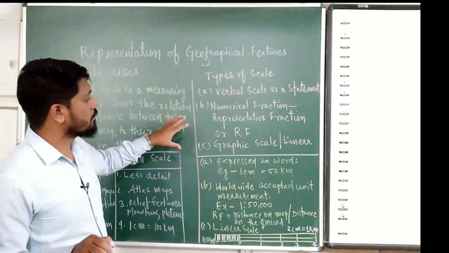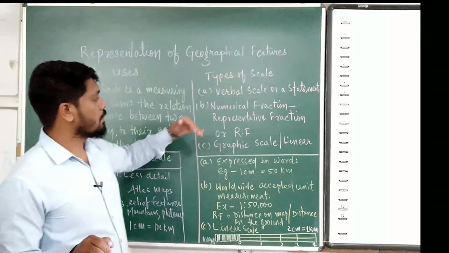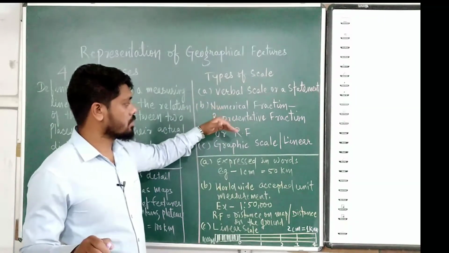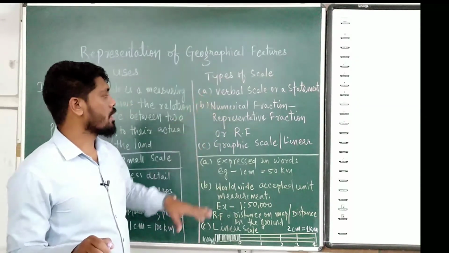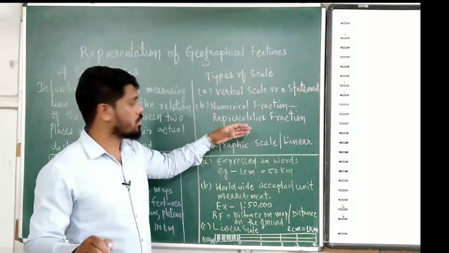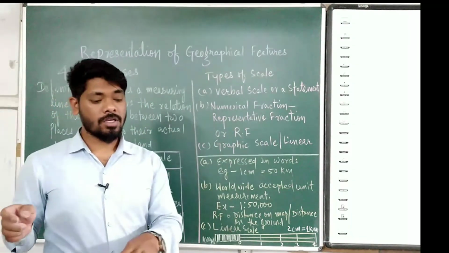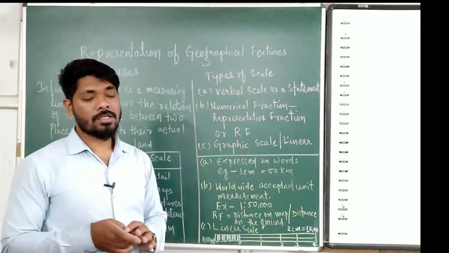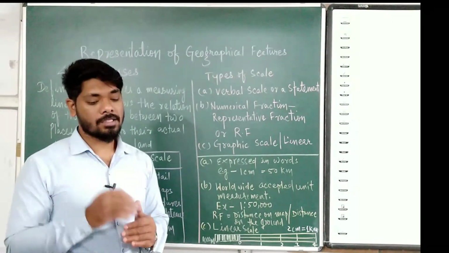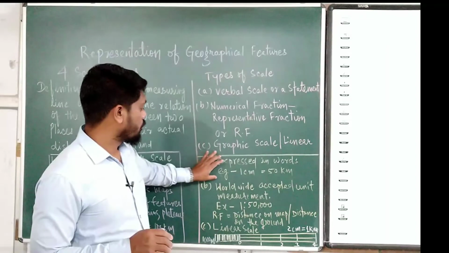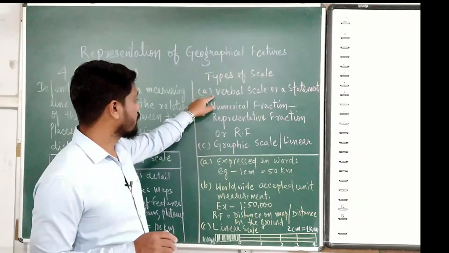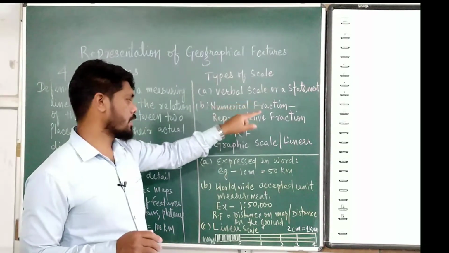The definition is the same, but when you are asked to write about each of these types of scale, there are some keywords to write. First is the verbal scale, or statement.